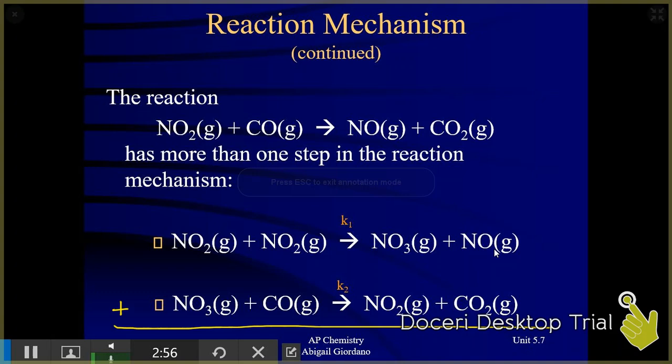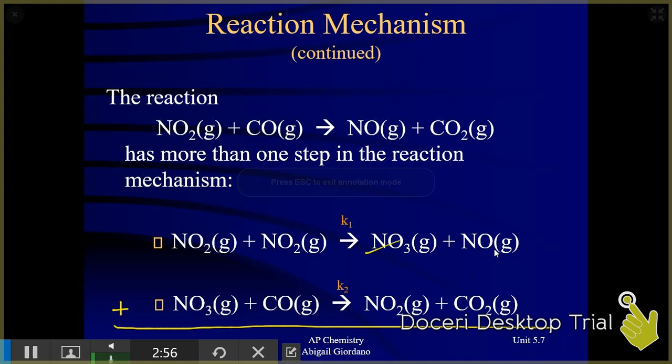Now, we've talked a little bit about this before, but I want to refresh your memory. When I add these two equations together, I'm going to be able to cancel things out that are identical on either side of the arrow. So if you look at this reaction mechanism, let's look at some things that are identical on opposite sides of the arrow.